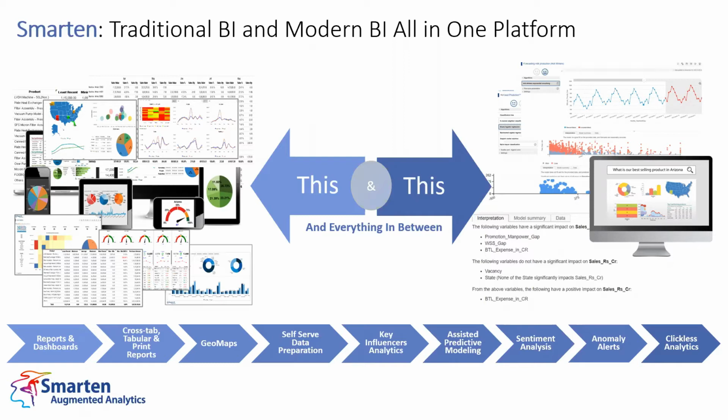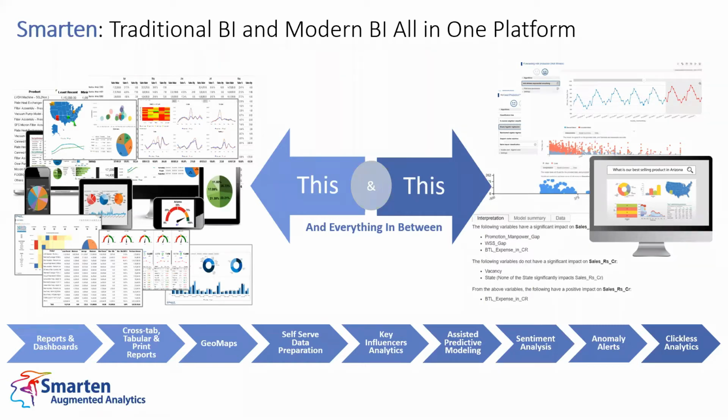So if you want to generate static reports like your invoice, your ledger, or your balance sheet, all those pixel perfect print reports can also be designed using Smarten. It provides geo maps, etc. So we have the majority of the traditional BI components covered.